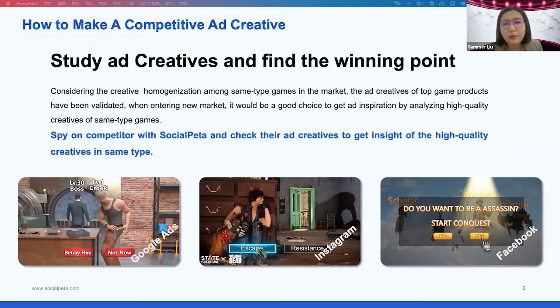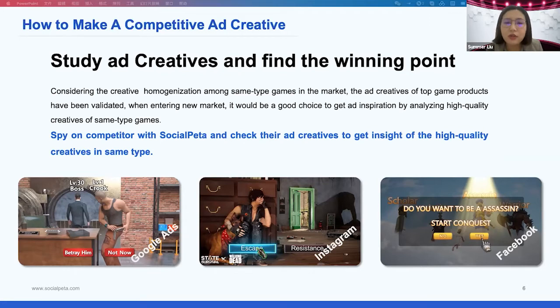How to make a competitive ad creative? We think the most direct way is to learn from the top players and your competitors to find the popular elements among different creatives. Here is an example. The three creatives are from Mafia City, State of Survival, and Rise of Kingdoms.